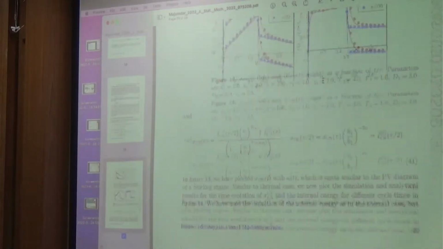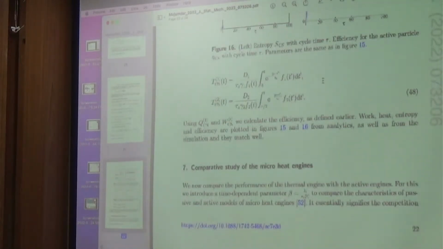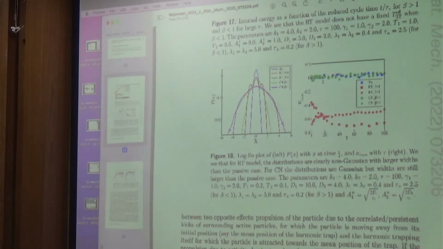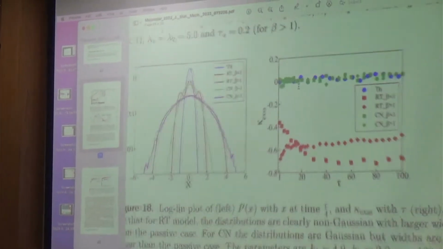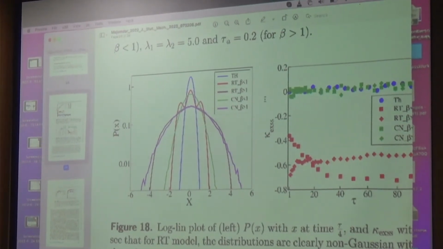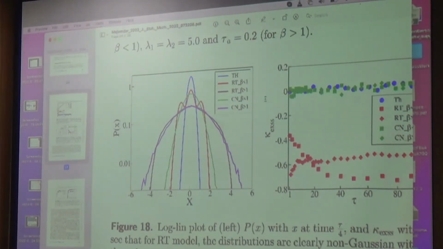So there we can show some work distribution, or X distribution, P of X. As in yesterday's experimental work, it can be very non-Gaussian, as mentioned.